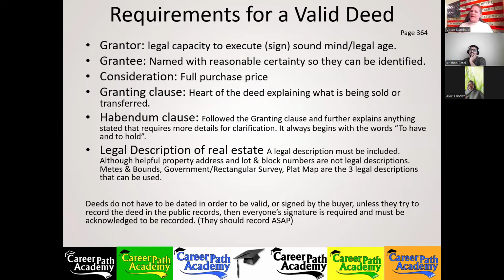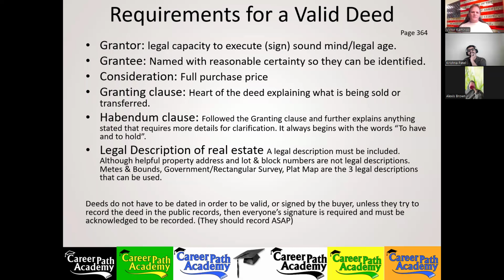So the habendum clause is where you would state that. In the granting clause, you state who the owners are that are buying it and how they're buying it, which we'll get into on the next slide. The habendum clause is where you would clarify by stating this person's 75% owner, this person's 25% owner. Because if you didn't do that, you're 50-50.